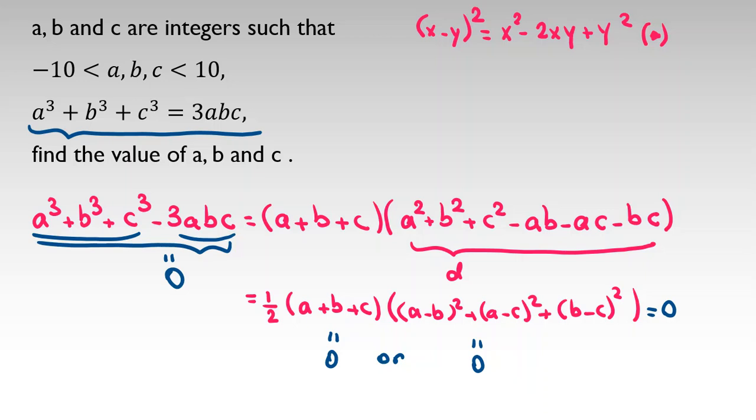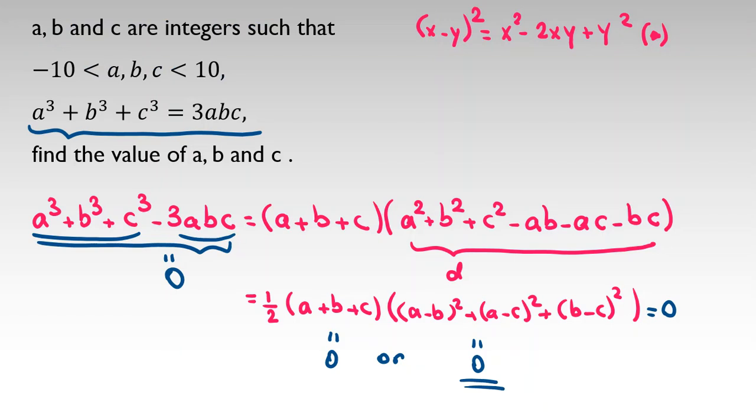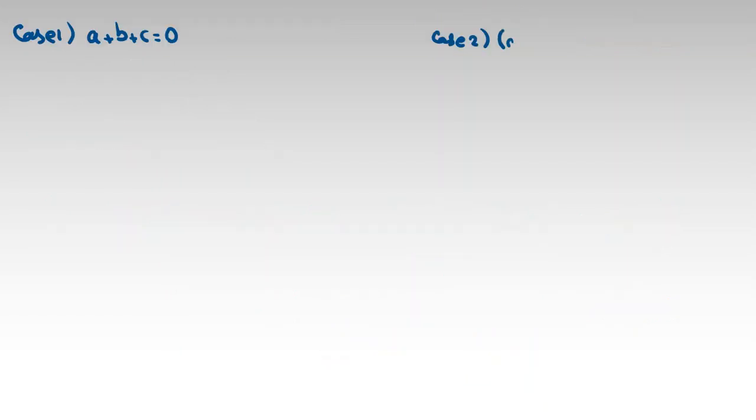Okay, case 1: a plus b plus c is 0. And case 2: the second part is 0. So a minus b squared plus a minus c squared plus b minus c squared equal to 0.